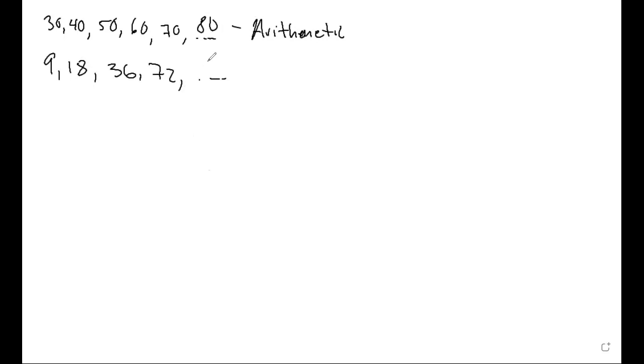Yeah, Julie, you got it right. It's 144. That's the next element of the sequence. And is this sequence geometric, arithmetic, or neither? It's geometric. Good. It's geometric because you're multiplying by 2 to get from the last term to the next.